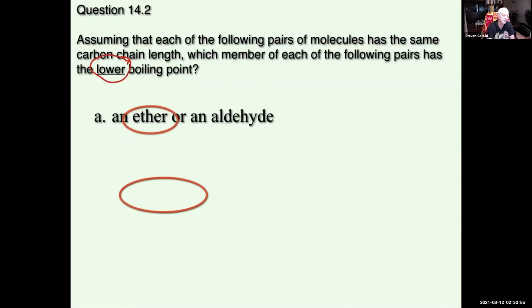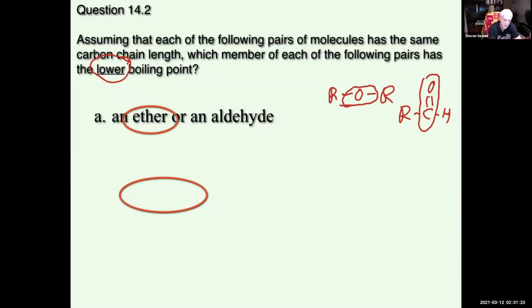An ether or an aldehyde. An ether is R-O-R. An aldehyde is RCOH. They're going to be kind of close, but there's one polar group here, and it's not quite as polar here because the oxygen is being shared between two R groups.